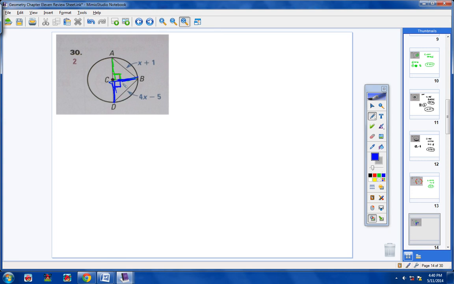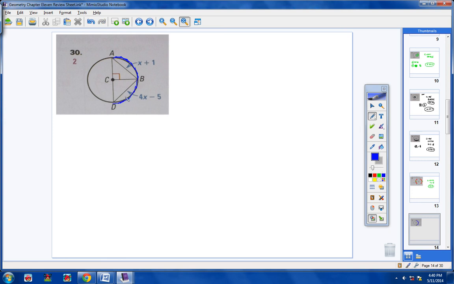So this central angle is 90 degrees, and this central angle is 90 degrees. So that means the arcs that central angle ACB formed, chord AB, is going to be congruent to chord BD.